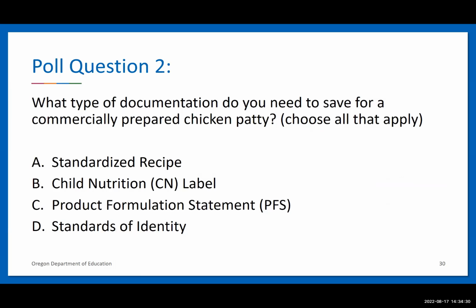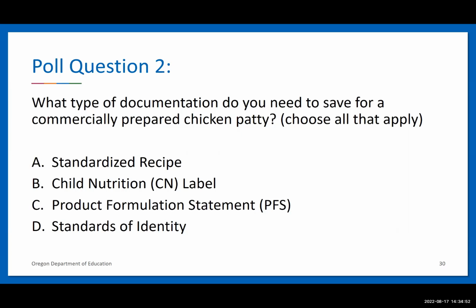What type of documentation do you need to save for a commercially prepared chicken patty? Is it a standardized recipe, a CN label, a product formulation statement, or a standard of identity list? And just as a hint, you can choose all that apply, and there might be more than one answer.